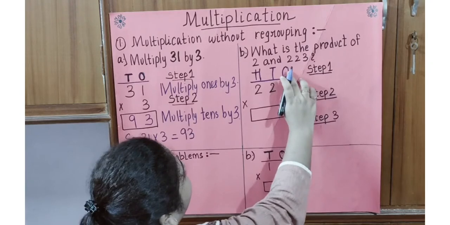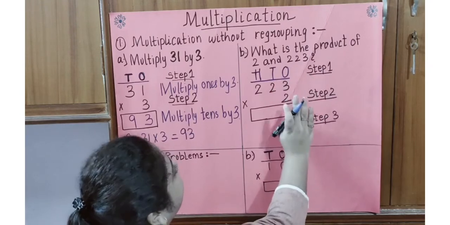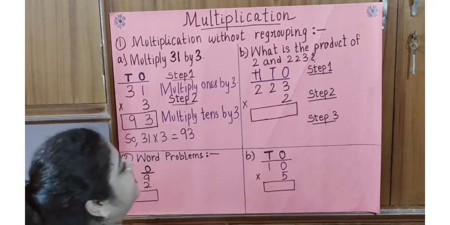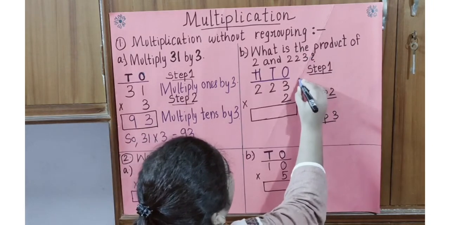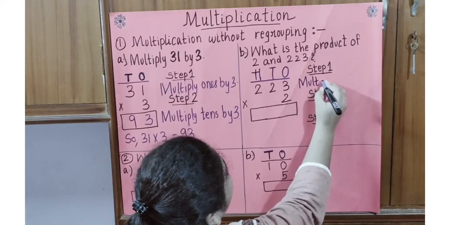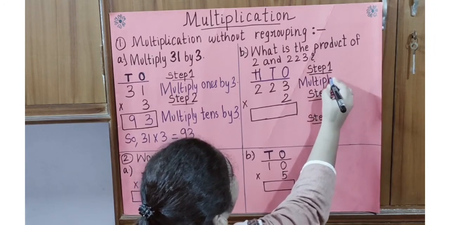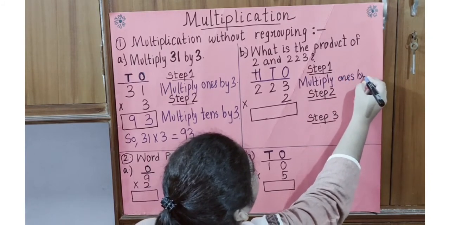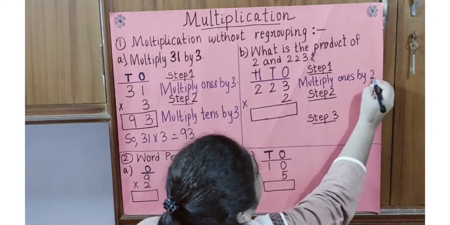So here we are going to multiply first with the ones place. Alright. So first we are going to start with the ones place always. Okay. So multiply ones by 2. Right?